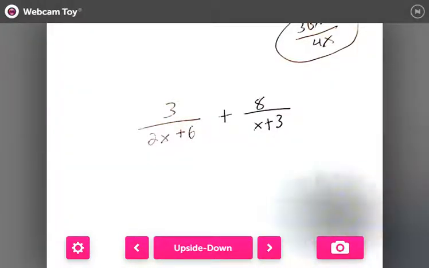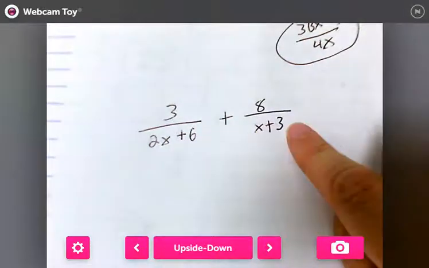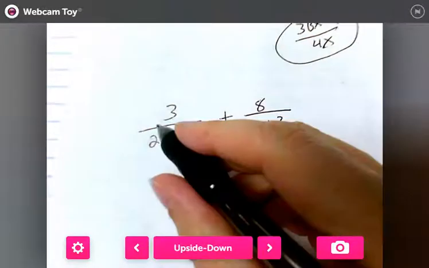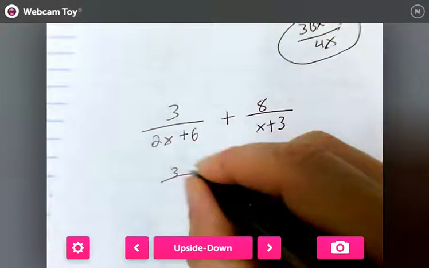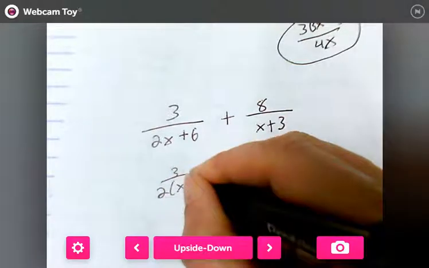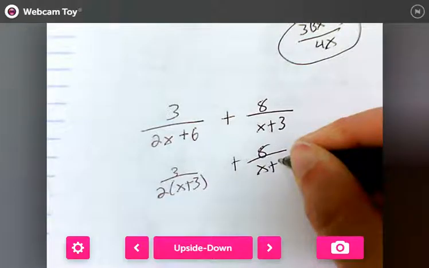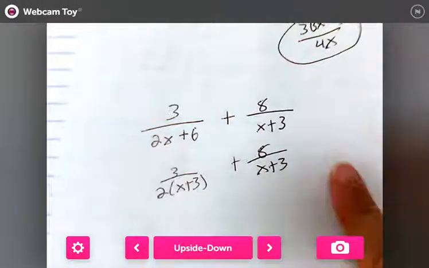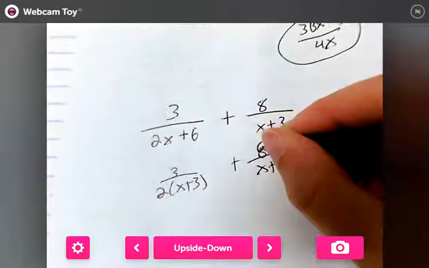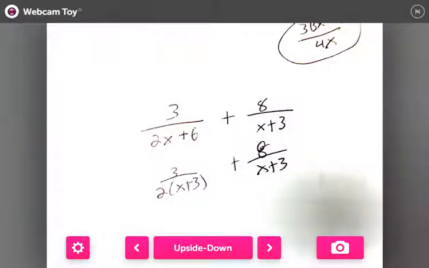All right. Do the bottoms of these match? No. So let's think about this for a second. We need this to be twice as big. I just want to show you that when you pull out a 2, it's easier to see what you need to multiply the other one by. So when I pull out a 2, I can see right away that what I need to multiply this one by is 2.